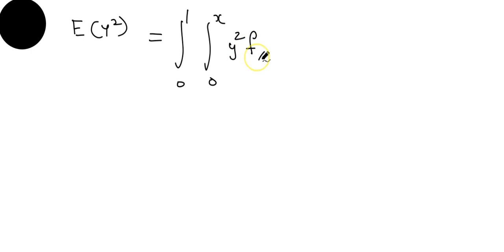Right. Next, our concern is about E of y squared. What is this E of y squared? 0 to 1, 0 to x, y squared fxy of x comma y into dy into dx.